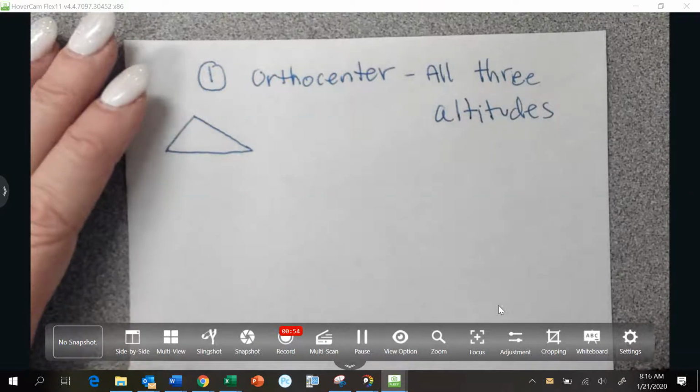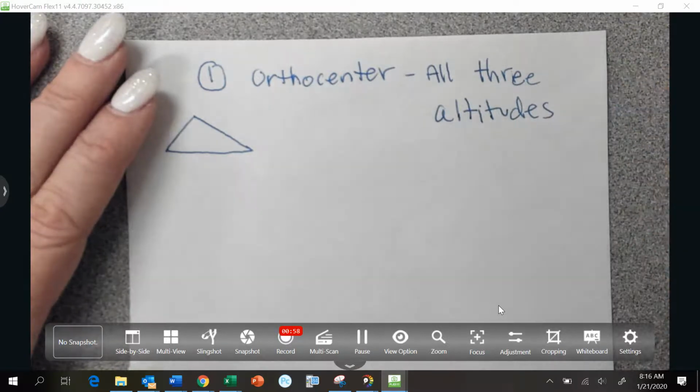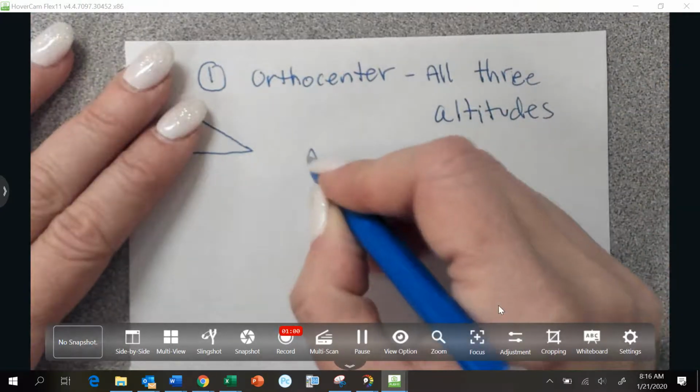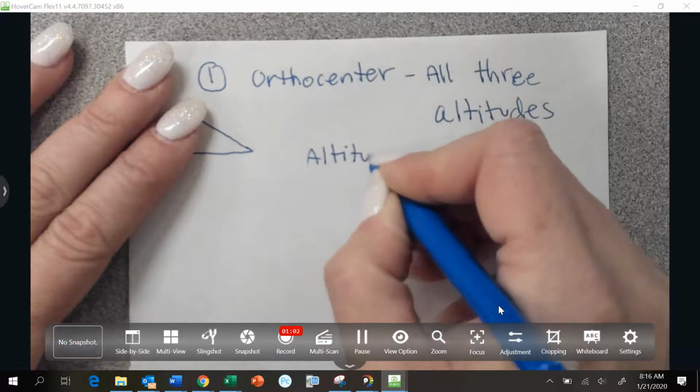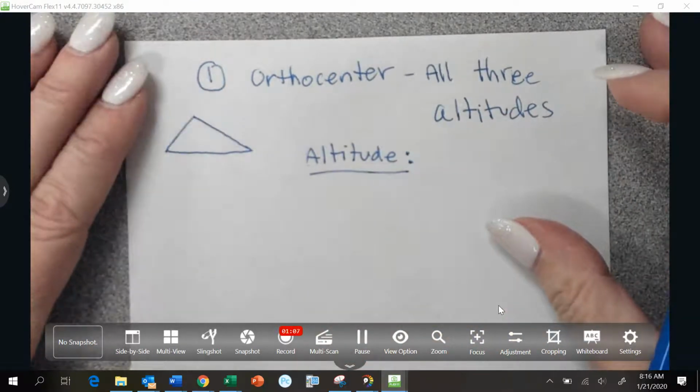Okay, point of concurrency of all three altitudes. So in order to do this, we have to know what an altitude is. What's an altitude?